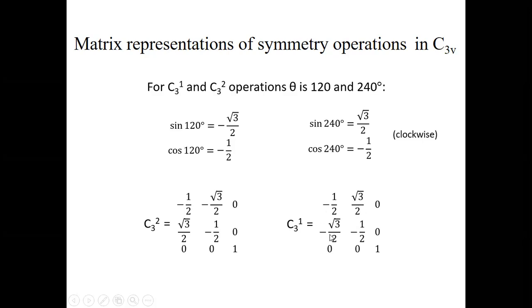And that's essentially caused by the dependency of the two coordinates x and y. We can also say it is about the degeneracy of the coordinates x and y. So now, in the point group C3V, we have more symmetry operations to consider.